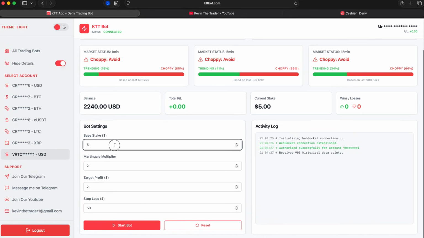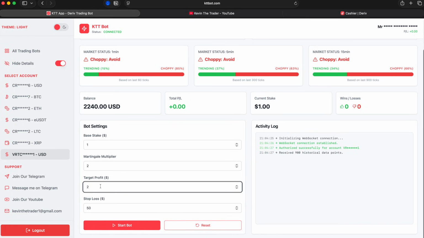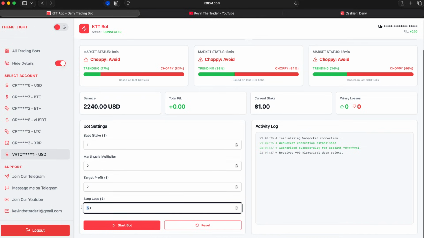But now I'm using 1 as my stake, because that is 5% of my account. Now I'm going to target 2 as 10% of my total stake. So this one was 20.